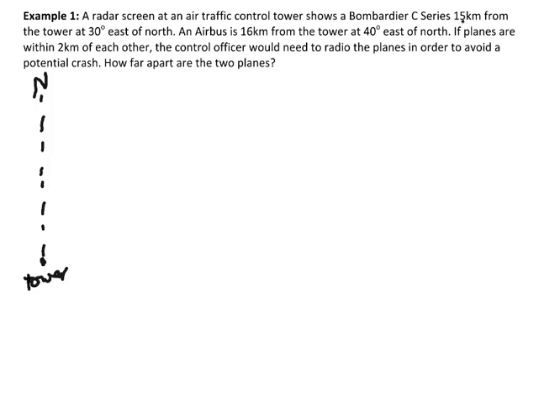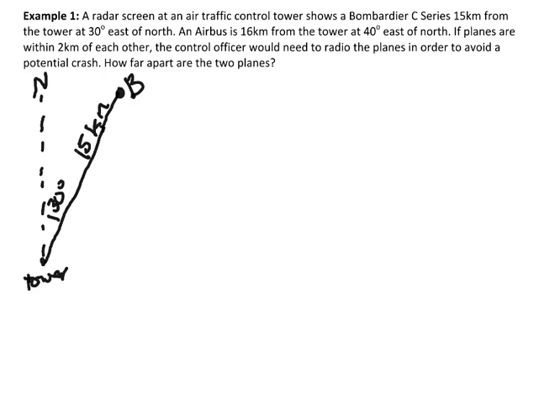The Bombardier plane is 15 kilometers from the tower. It's at an angle of 30 degrees east of north. So what I want to do is draw, this is going to be 30 degrees in here. And then this whole length here is 15 kilometers long. And right there, I'll call it B, that's the Bombardier plane.